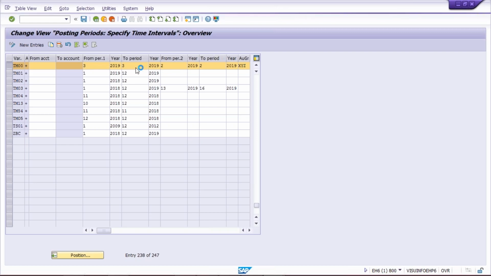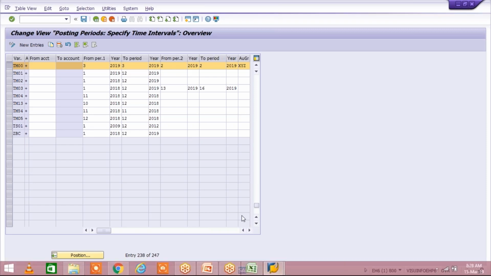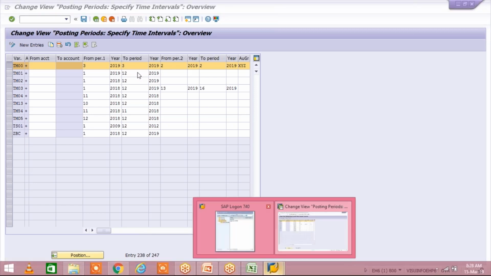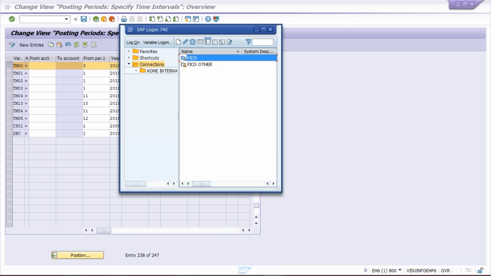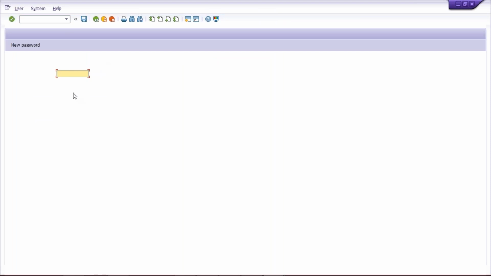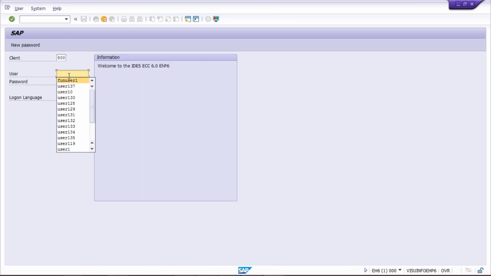Now I'll just do one thing, guys. I'm talking about non-calendar year. Indian companies are going to use a non-calendar year. So March month is which period, guys? March month will be the 12th period, because March is the last month, right?